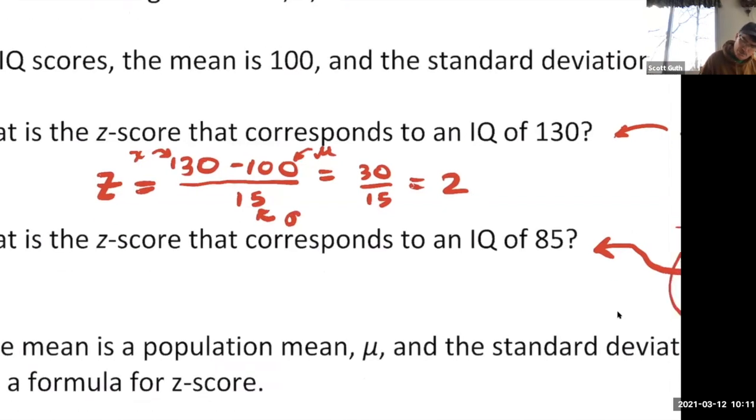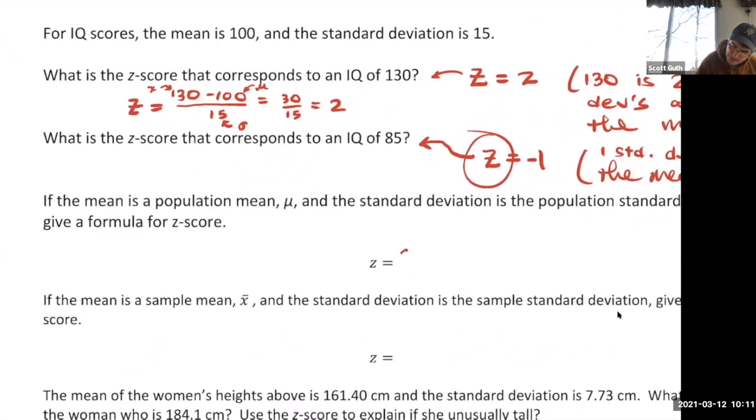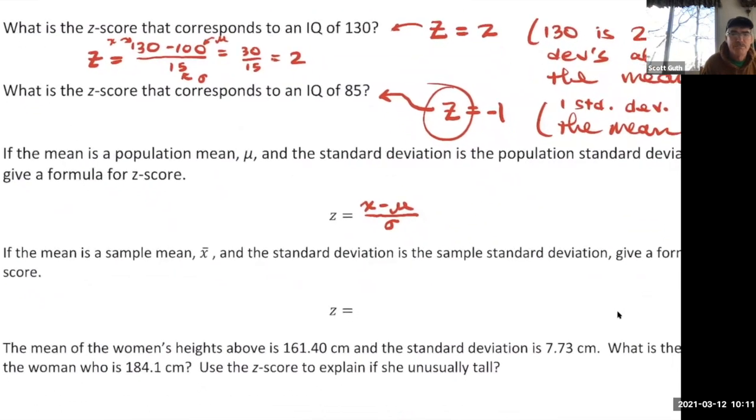So the computation is pretty straightforward: you just do X minus mu over sigma. That's just the formula for a deviation, but you're trying to see how many standard deviations that is, how many times the standard deviation goes into it. Again, it'll come out negative for values below average, just like deviations did.